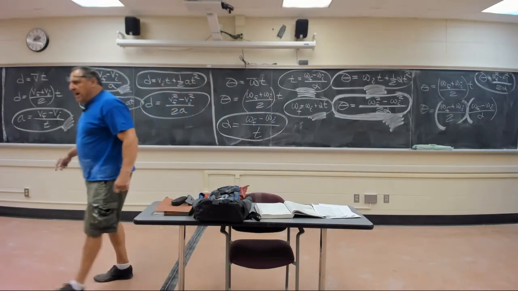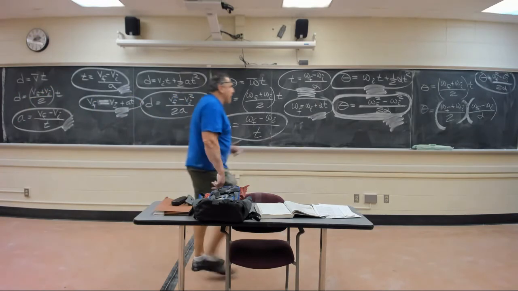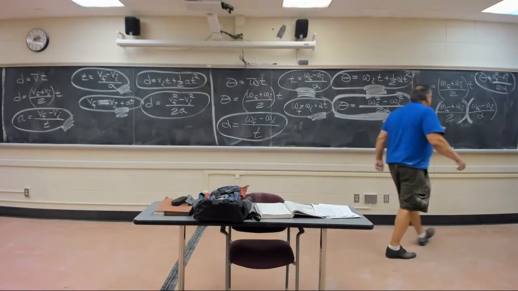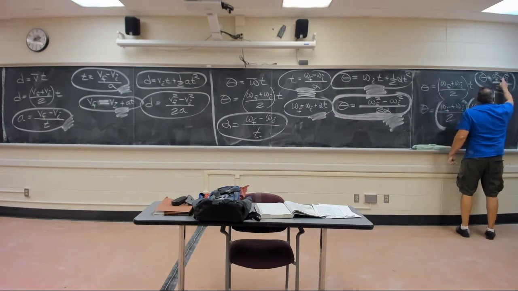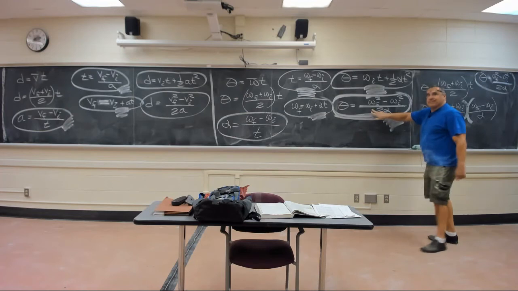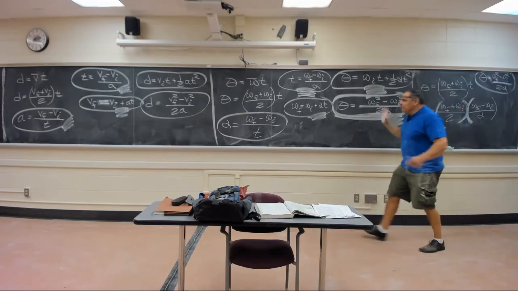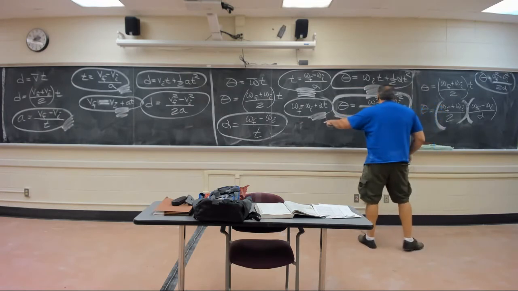Theta equals omega f squared minus omega i squared divided by the product 2 alpha. Yeah, I said that earlier. I derived it by getting rid of the r's. Here I'm staying with it.